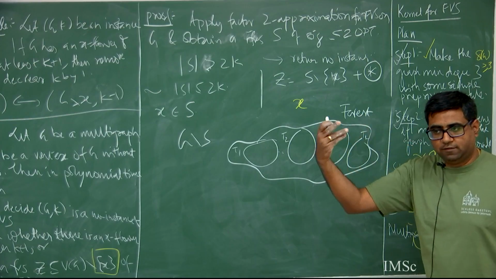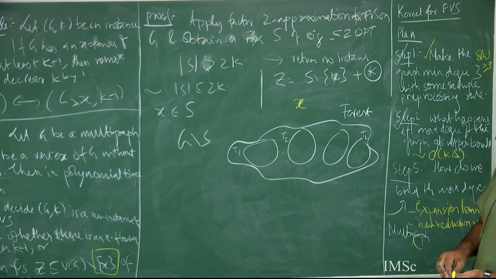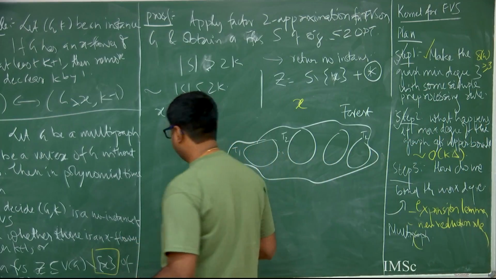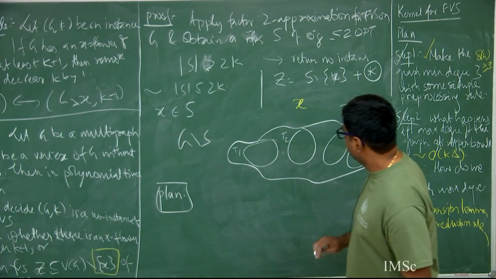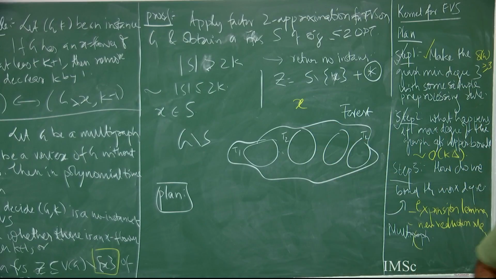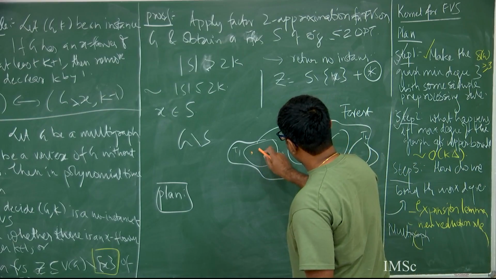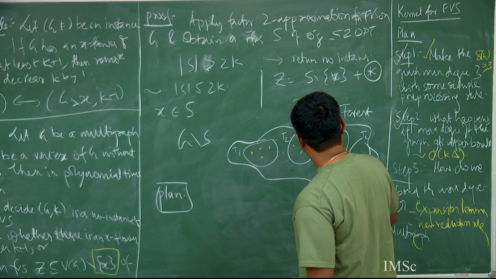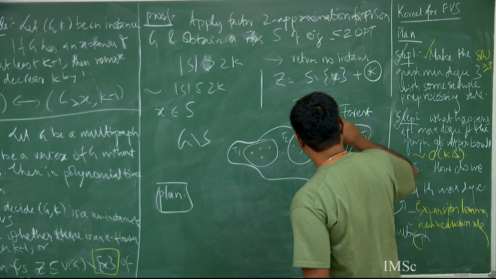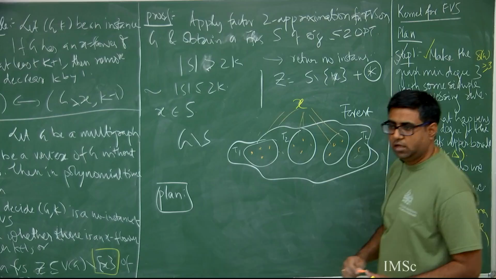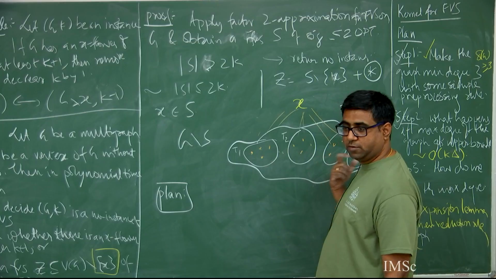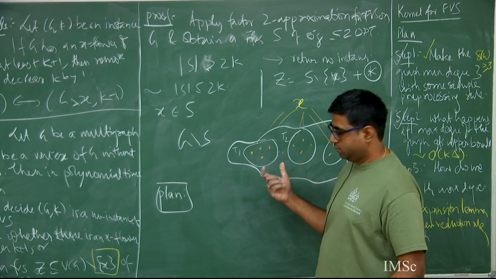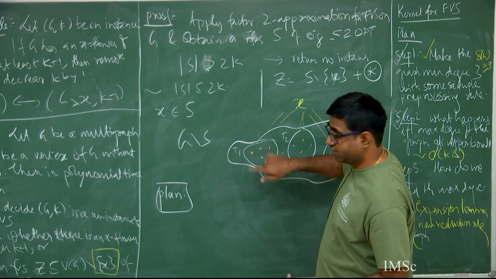What is my objective and what is my plan? The plan is that I look at the neighbors of x in these trees Ti. My goal is to somehow pair these neighbors by vertex disjoint paths.